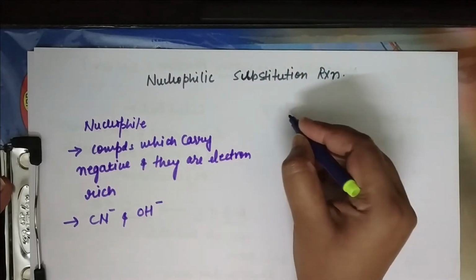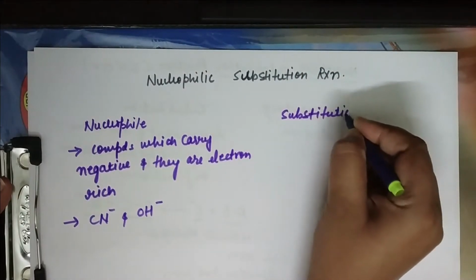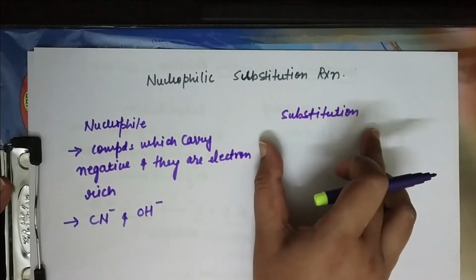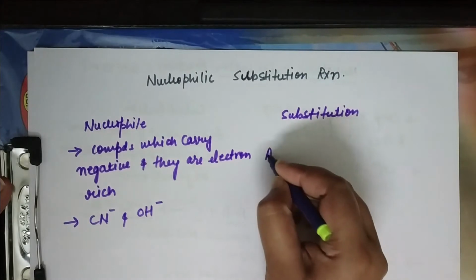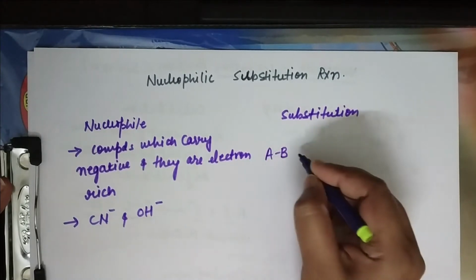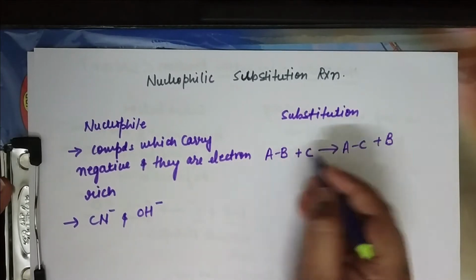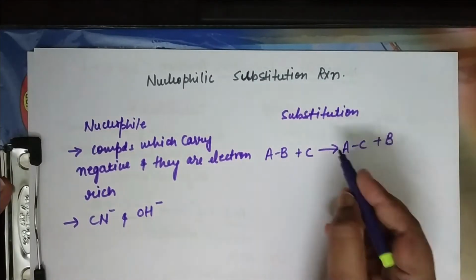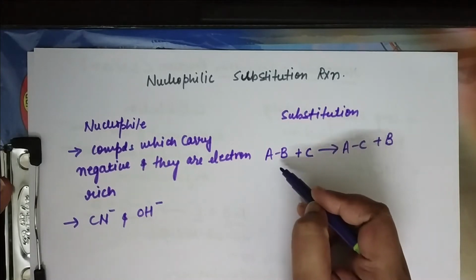Next is the substitution process, or substitution reaction. Here I will explain this substitution reaction with a common example. Let's see, this is an AB molecule. When it reacts with C, you can see the substitution. Substitution means the replacement of one atom or group by another atom or group in a molecule.